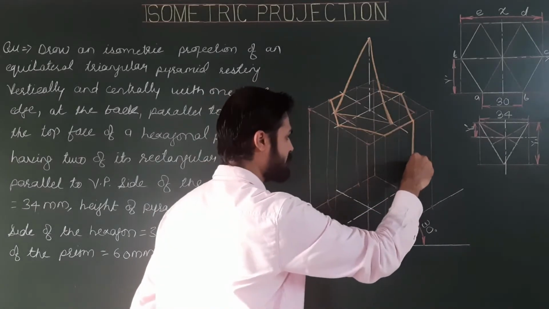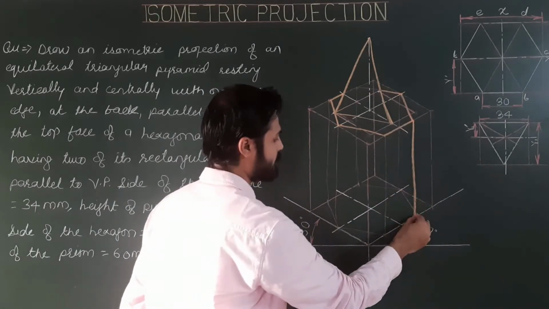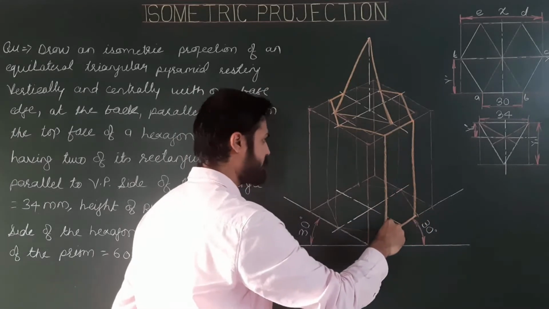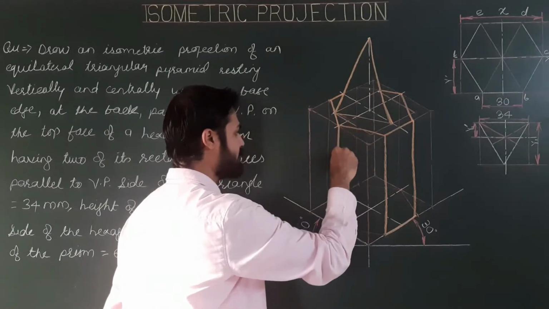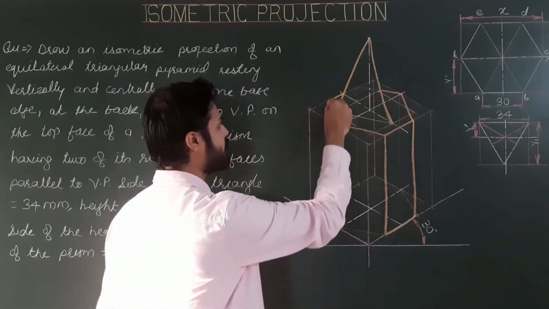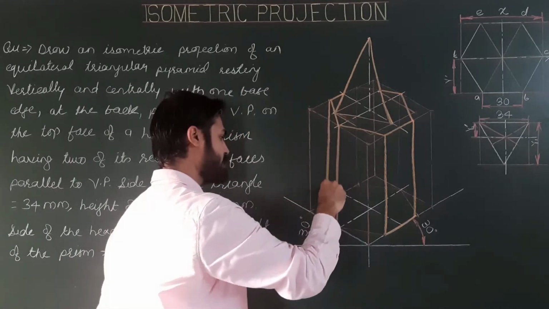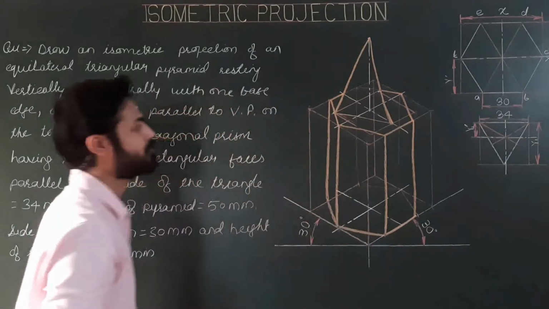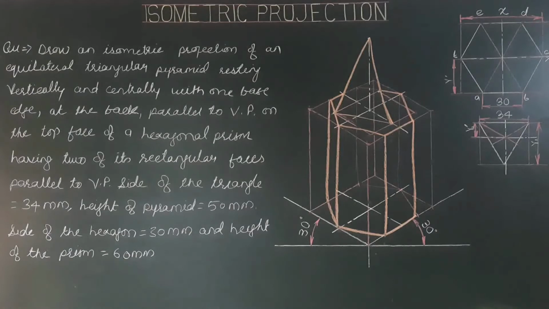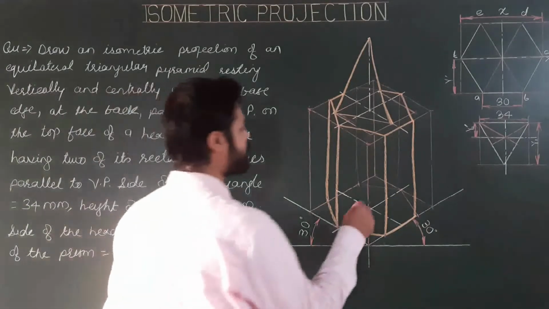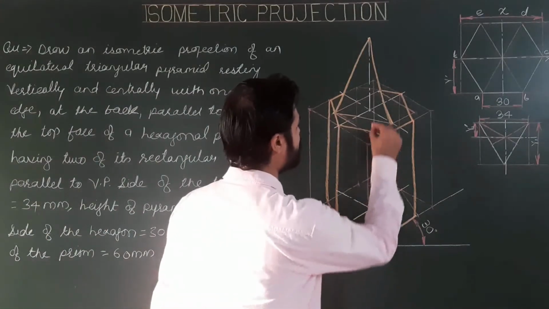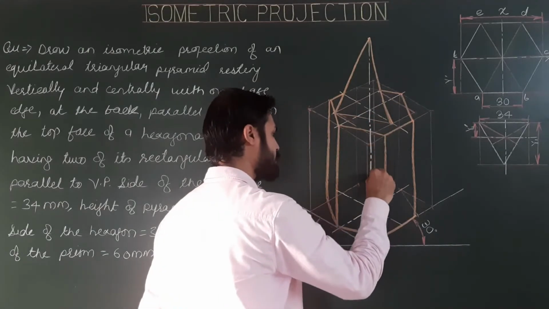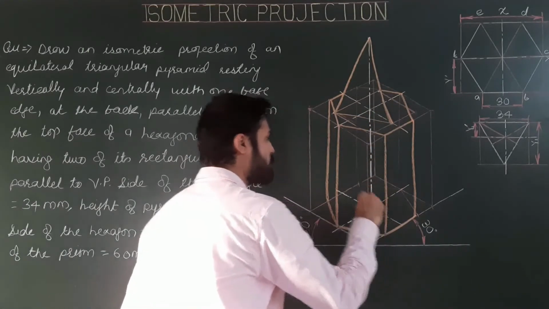And then visible generators, front side, visible side, visible generator, next visible generator, and side, last side. Okay, and showing solid axis from top center to bottom center.